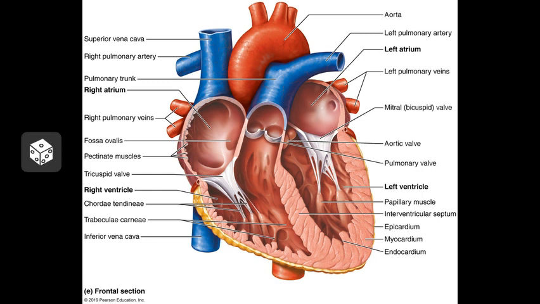So a couple of other internal structures to take a look at. One is the fossa ovalis. When a fetus is developing, they don't have a way to ventilate the lungs, and therefore they don't get oxygen from the lungs the way an individual does once they're born.